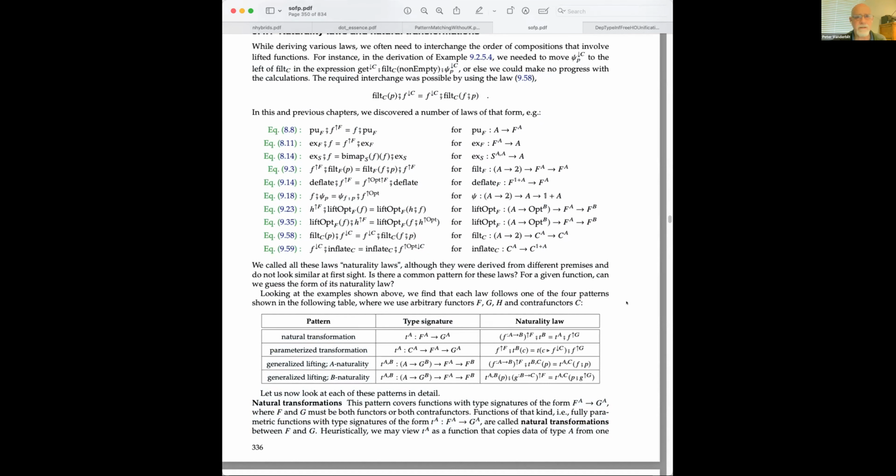And Adrian, did you have something you wanted to say about that? I don't know that I had anything specific to say, except that it was interesting to me that we can summarize all of these naturality laws in just 4 forms.